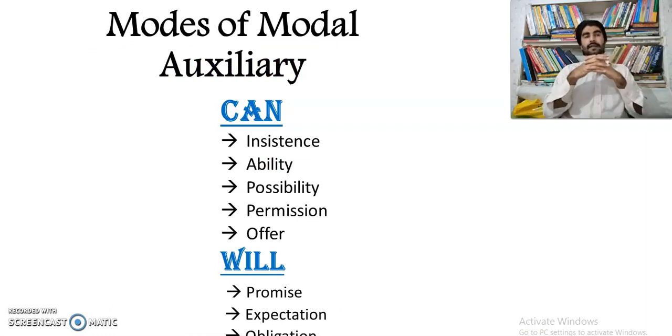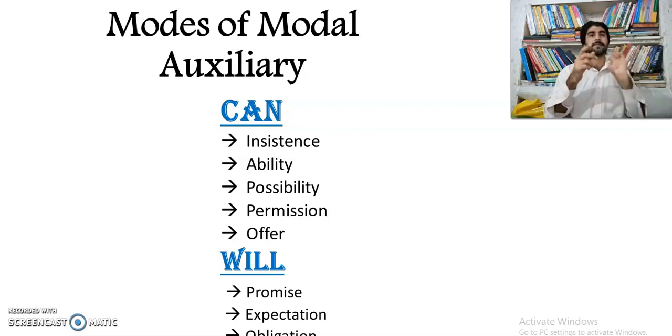I mean to say these words get changed with the context, with the situation, with the sentence, and their meaning also gets changed. So this is the confusion which students face, and they always find modal verbs very tricky, very problematic. Inshallah, in this video you are going to understand how the auxiliary modals should be used.